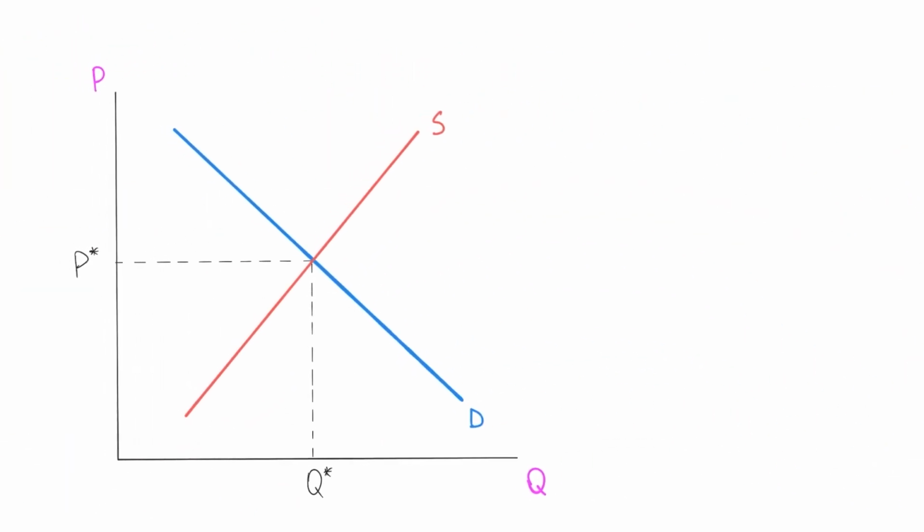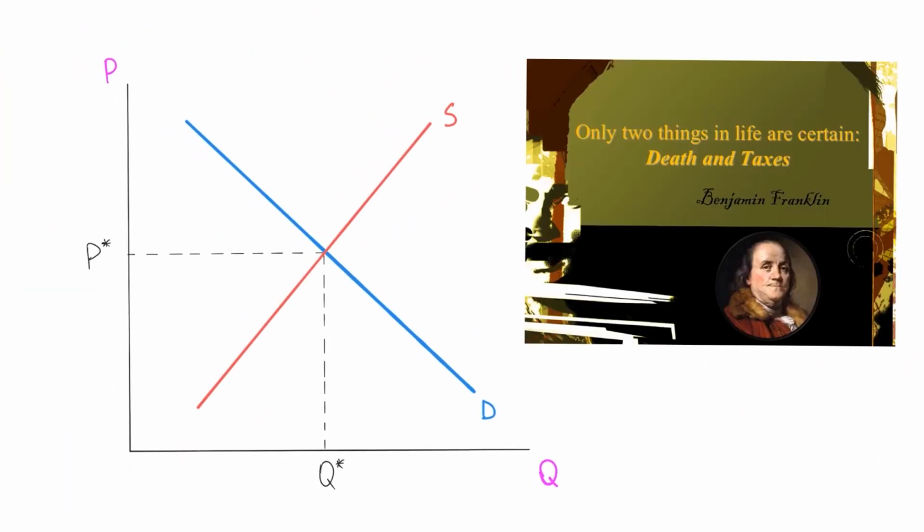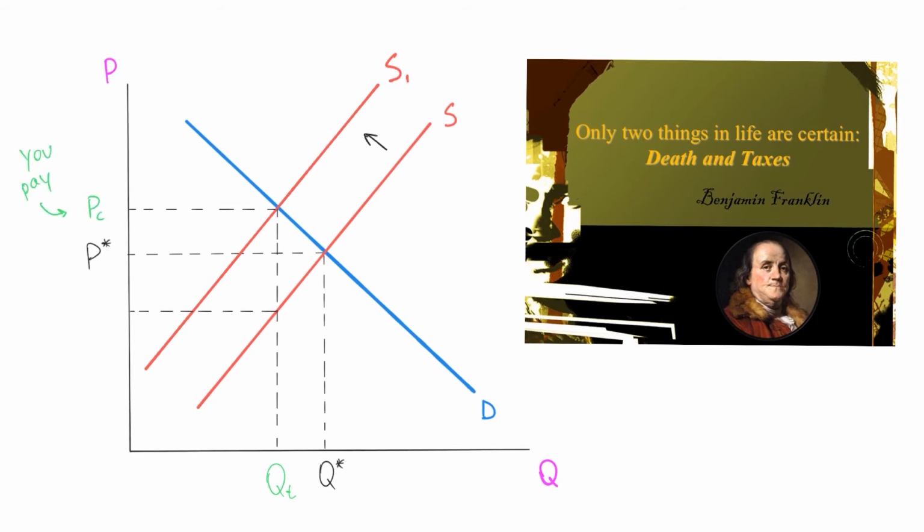Now let's look at a scenario of a tax being applied to a certain good. Because a tax means costs increase, like in the previous video, the supply curve shifts up. Now we have our new equilibrium quantity, which we can denote QT, the index T meaning tax, and we have two new prices. So the amount which the consumer pays is PC, and the amount which the producer receives is PP.